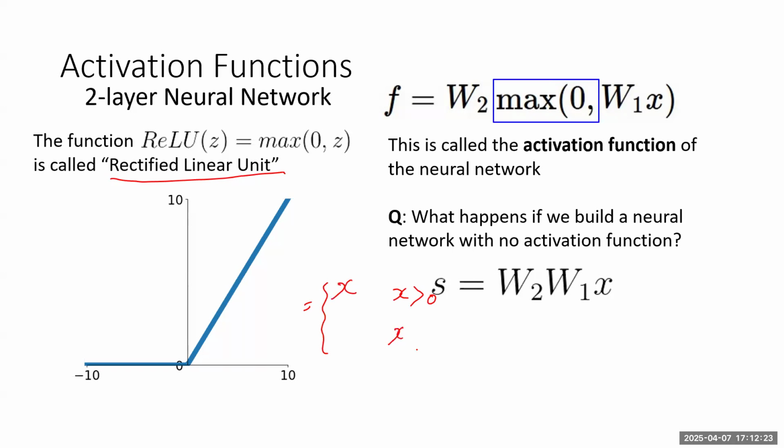If x is less than or equal to 0, y equals 0. Defined over two cases. We can write a shortcut for this function, which is max between 0 and z, where z is the input x.